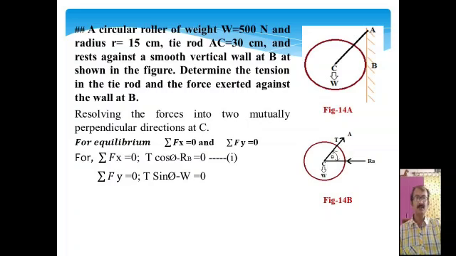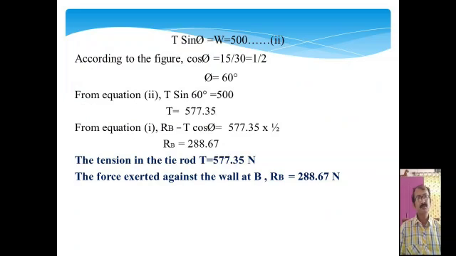So from the condition of equilibrium, summation of Fx equals 0 and summation of Fy equals 0. From summation of Fx equals 0, T cos phi minus Rb equals 0, equation 1, and from summation of Fy equals 0, T sin phi minus W equals 0, equation 2.